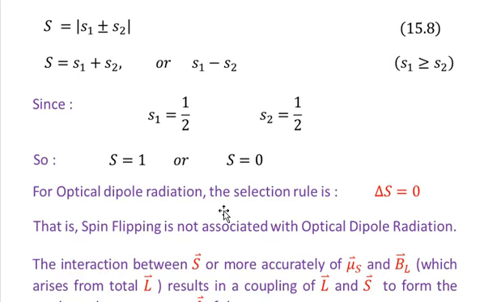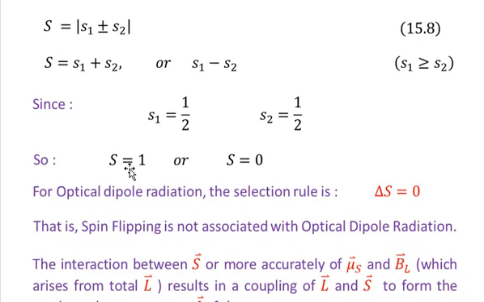For optical dipole radiation, the selection rule is delta S equal to 0. That is, the change in spin is equal to 0. This is the allowed dipole transition. The transition takes place between two states having the same value of the total spin quantum number, either S equal to 1 or S equal to 0.